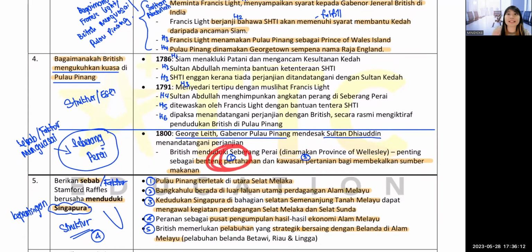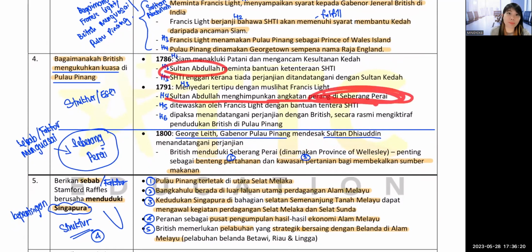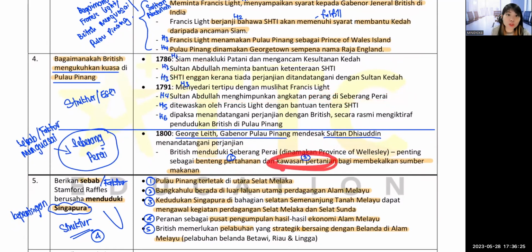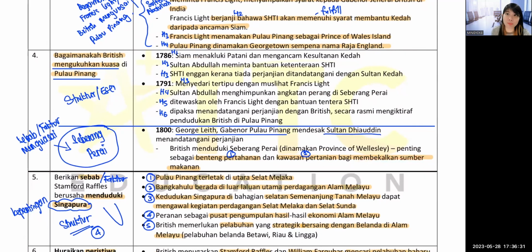One, as a defense for Pulau Pinang, because last time, Sultan Abdullah used Seberang Perai to attack Penang. Second, they used Seberang Perai as a farming area to provide food supply for Penang people, because Penang has no river, guys. So no choice.